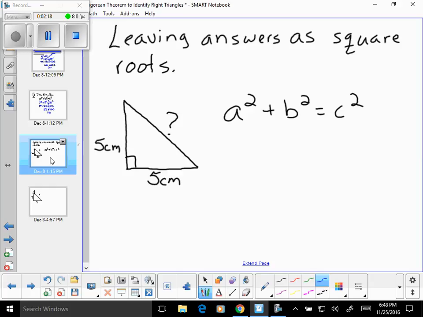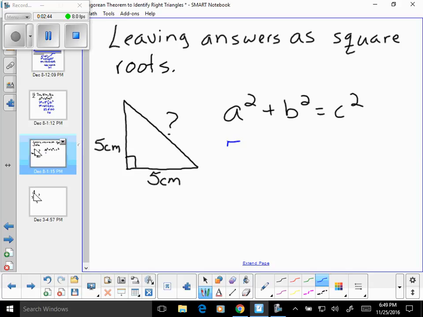Sometimes when you are working with the Pythagorean theorem, they will actually ask you to simplify the square root and to leave it in terms of square roots. And they also do this, by the way, on the math triathlon. So we are going to look at this and say, all right, we only have two sides and we happen to have the two legs. So that means I need to find the hypotenuse.